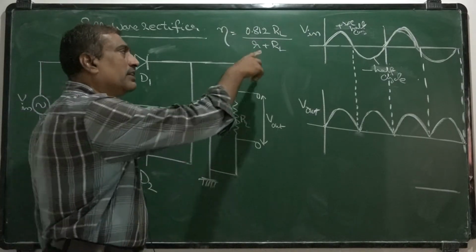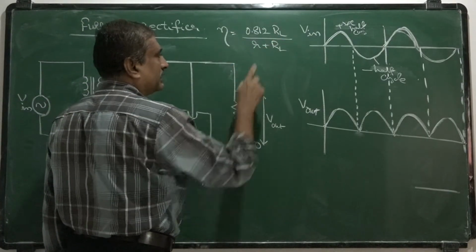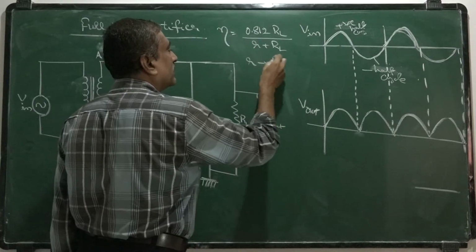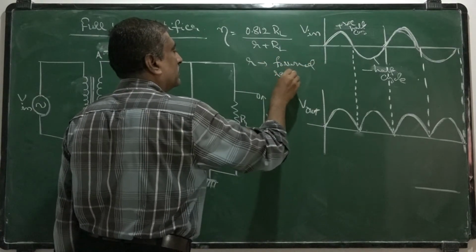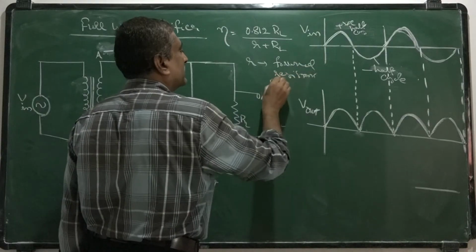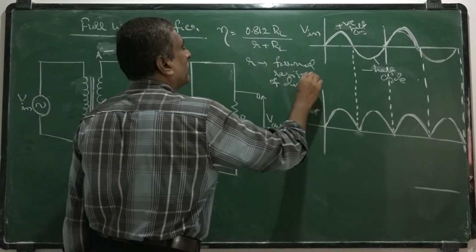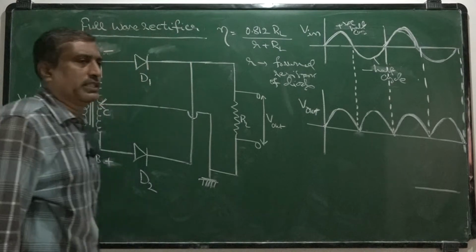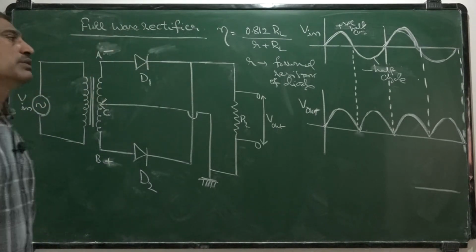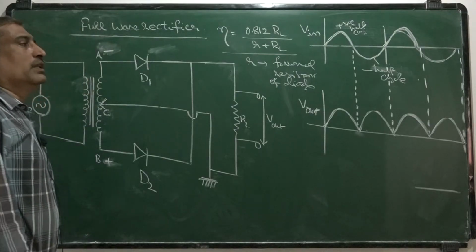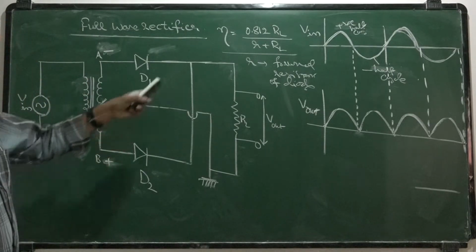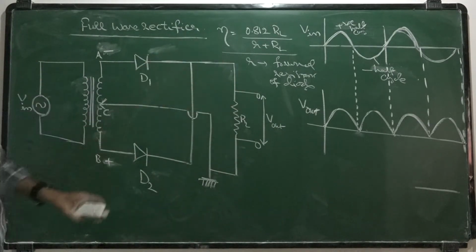Here also RL is the load resistance and r is the forward resistance of the diode. I am not going to derive this relation because it is not necessary for you, so just take this relation. So the full wave rectifier efficiency is about 81%.